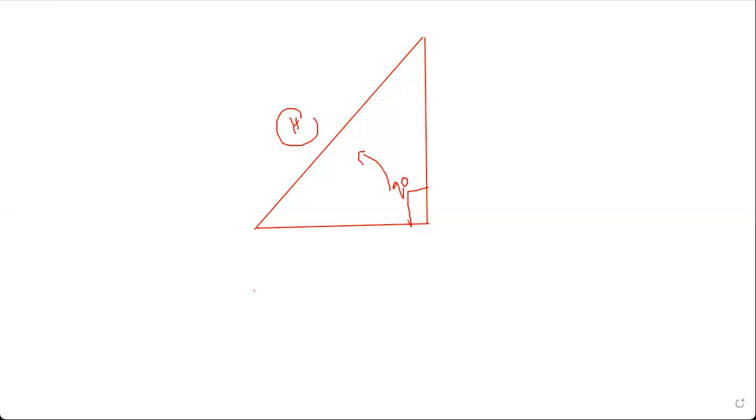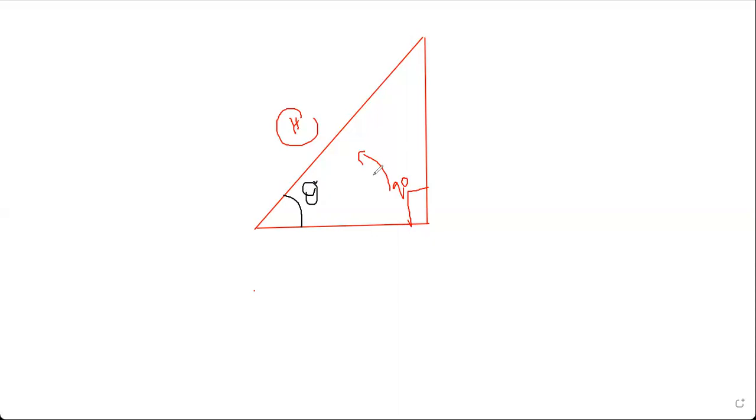Now for trigonometry, I told you the angle will be given. For example, this angle is marked or given or discussed. One side is the hypotenuse, which is confirmed: the side opposite the 90-degree angle.